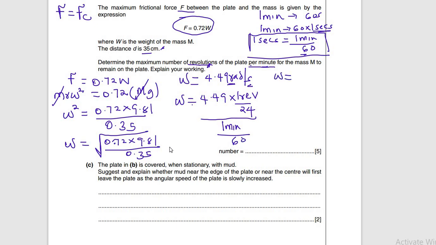So therefore we have 4.49 divided by 2π.